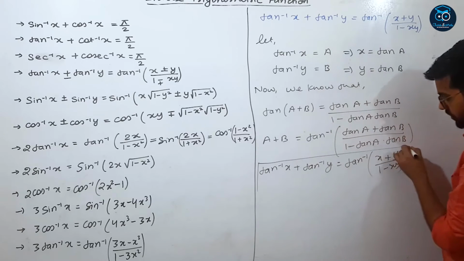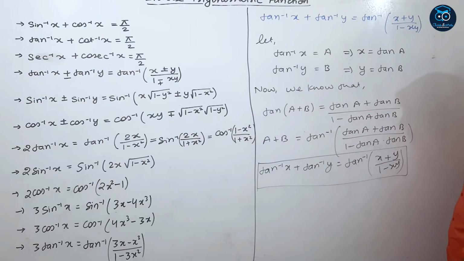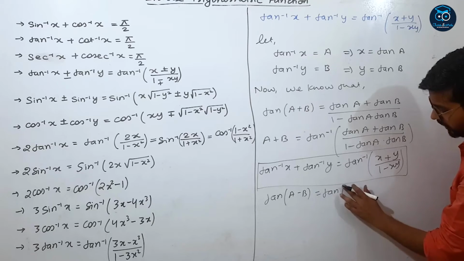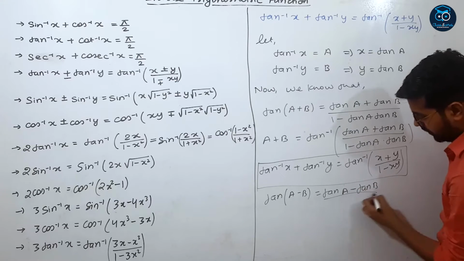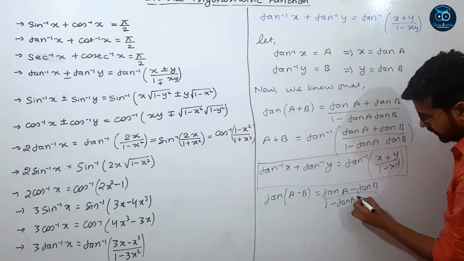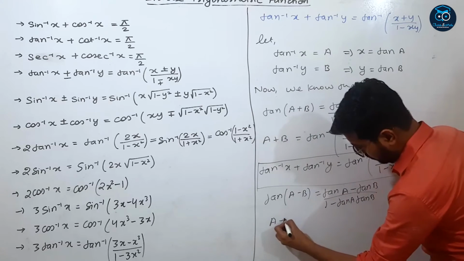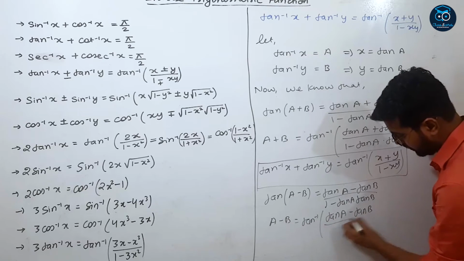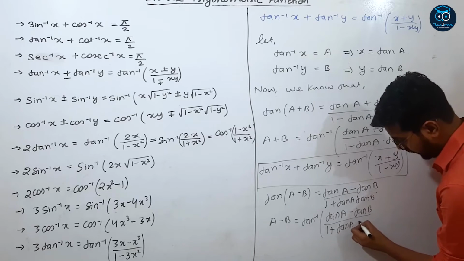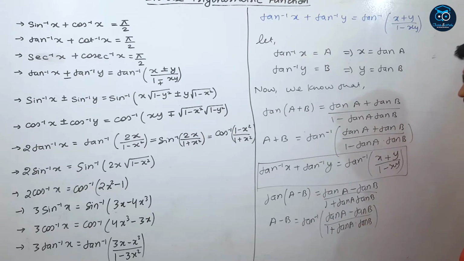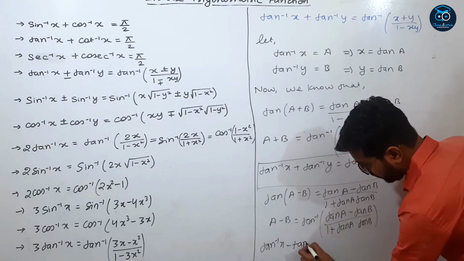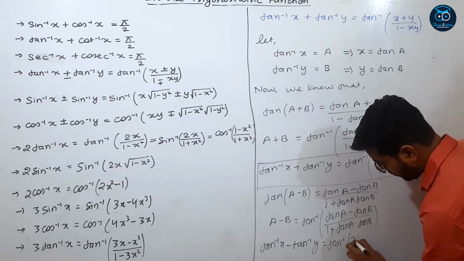Here we can get the other property. If we put these values in tan A minus B, that is tan A minus tan B upon 1 plus tan A into tan B, then A minus B equals tan inverse of tan A minus tan B upon 1 plus tan A into tan B. If we substitute the values of A and B, that is tan inverse x minus tan inverse y equals tan inverse of x minus y upon 1 plus xy.